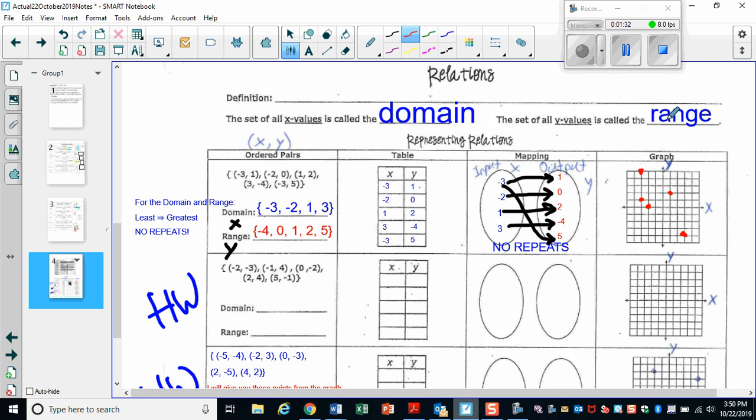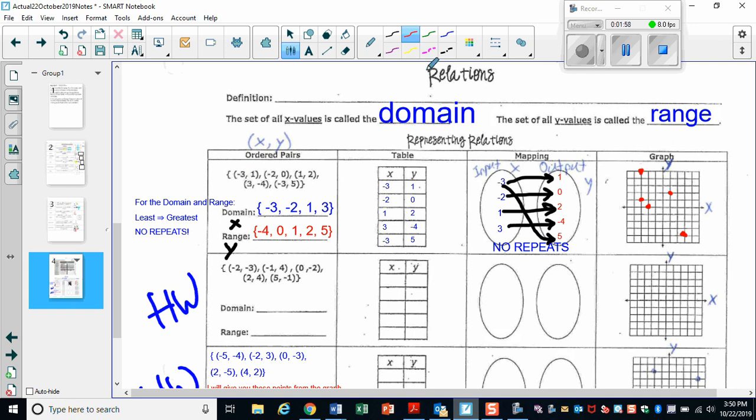Set of y values, your range. Regarding domains and ranges, you have to list your x values for your domain from least to greatest, and then your y values for the range, also from least to greatest. You cannot have any values that repeat.